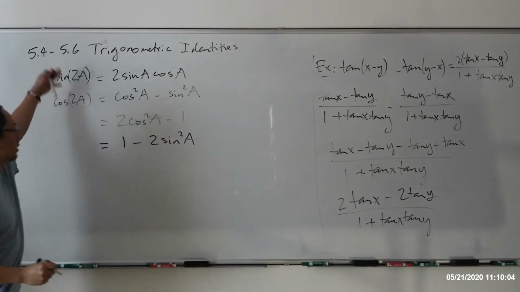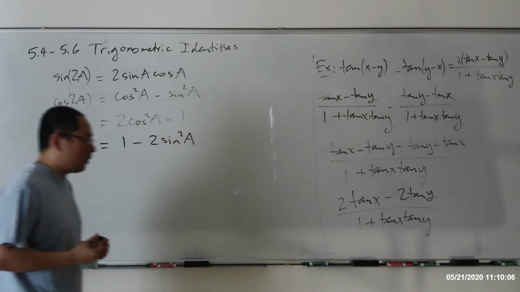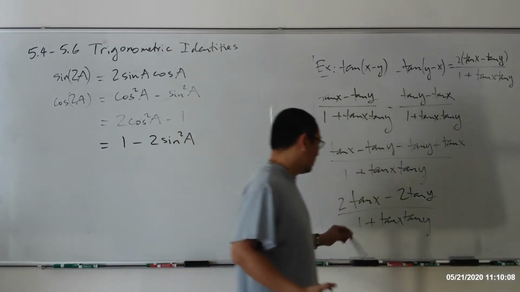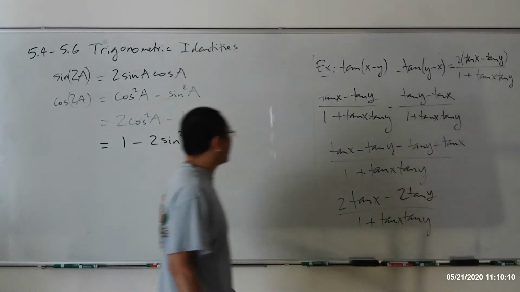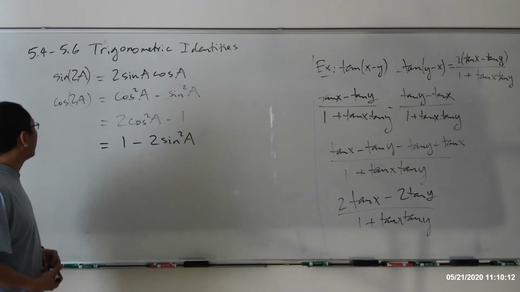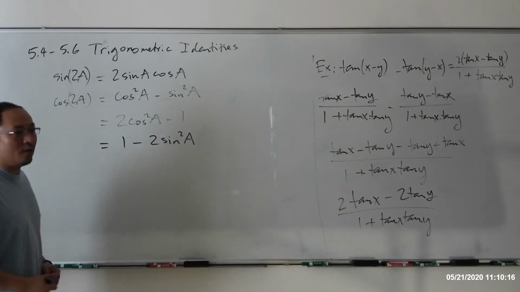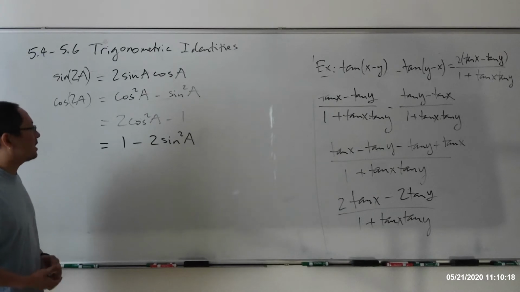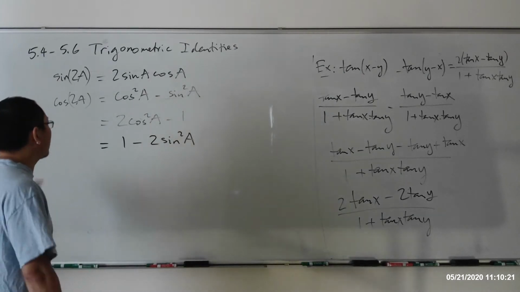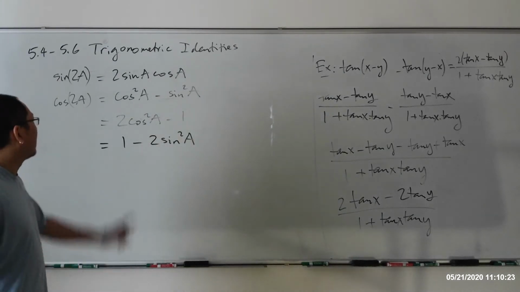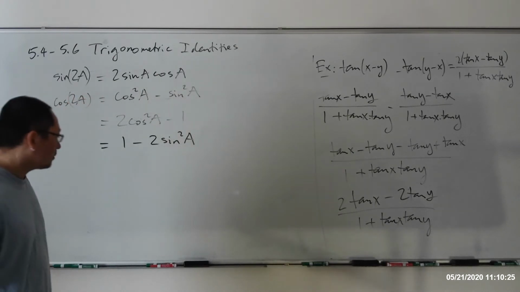Be careful, those formulas are very, very popular when you get to calculus, because you are going to use them quite often. And the problem is this: when you have an integral problem, you see an angle of a and an angle of 2a mixed together, you try to bring it back to the same angle of a, and this formula will help.